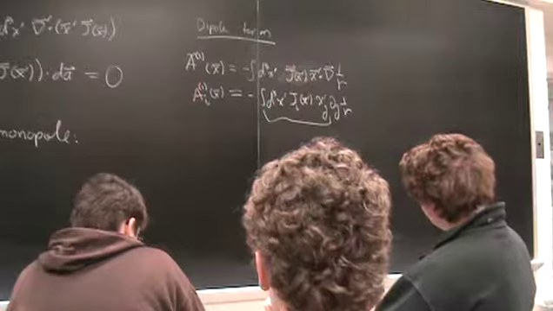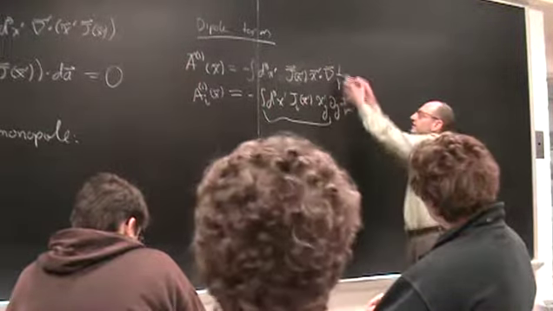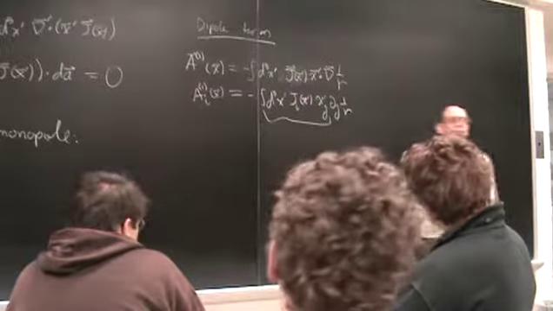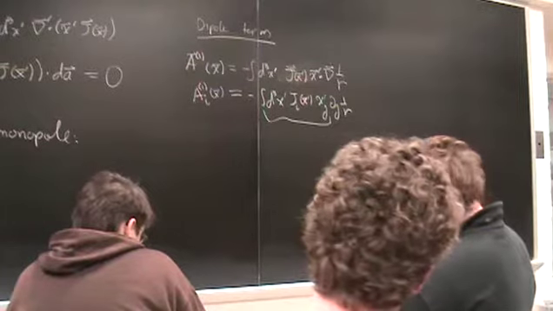Now, remember, when we looked at these gradients of 1 over r, they were related to irreducible tensors.